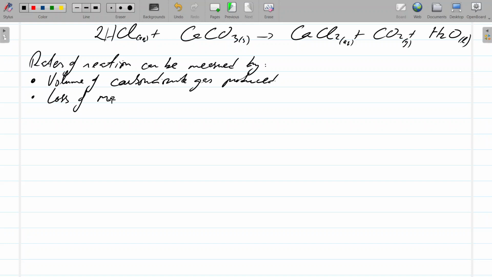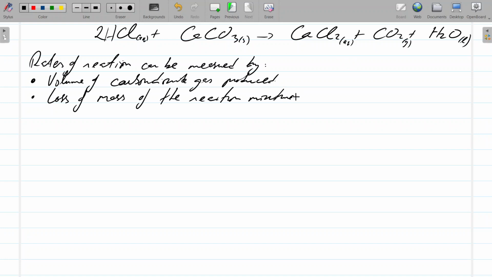By the way, we won't be doing the balancing with this equation. I mean, it's already balanced. So loss of mass of the reaction mixture.